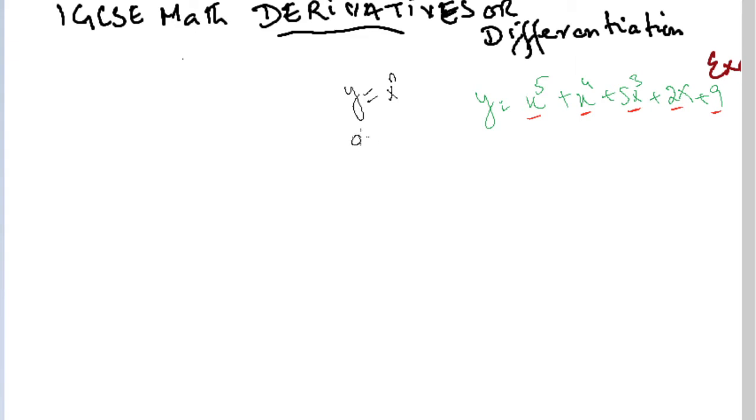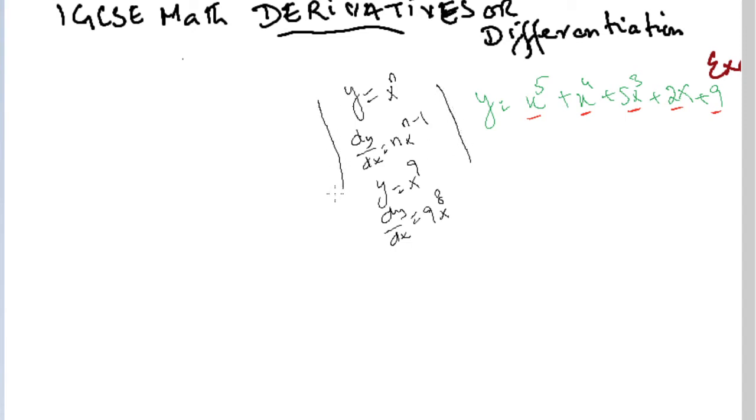The derivative was dy/dx is equal to n x power n minus 1. Yes, I did it. The example was x power 9, so dy/dx is 9x power 8.